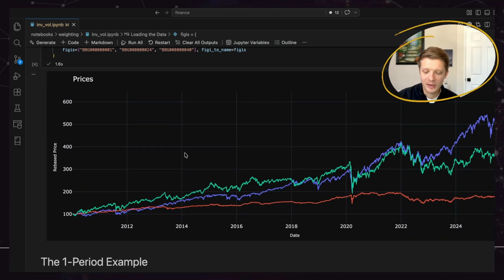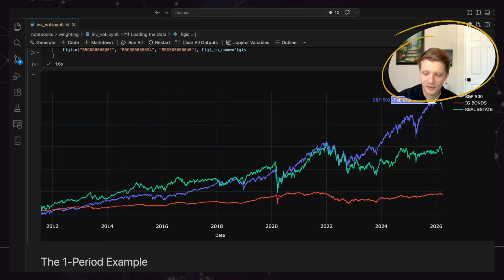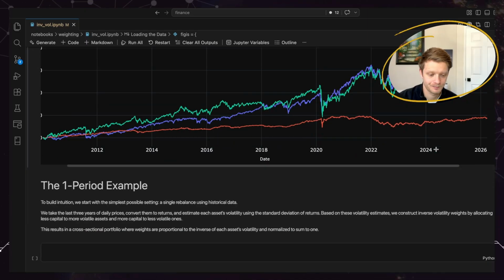And when we load this, we can look at the pricing history over time. We will see that our S&P 500 obviously has the highest returns over the last 10 years, outperforming real estate and IG bonds by quite a margin.